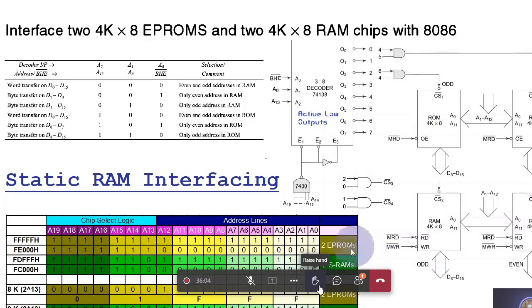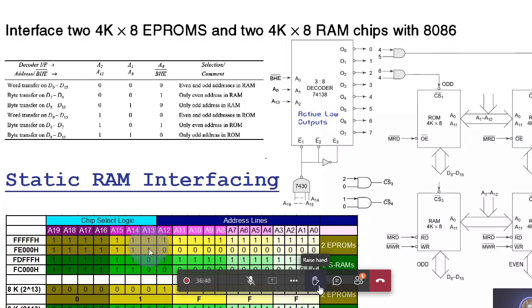So to distinguish between EPROMs and SRAMs, we can use the A13 bit, which is 1 for EPROMs and 0 for RAMs, and the rest happens to be 1 for both cases. We need to keep this fact in mind while generating the chip select signal for even and odd banks, together with A0 and BHE bar.